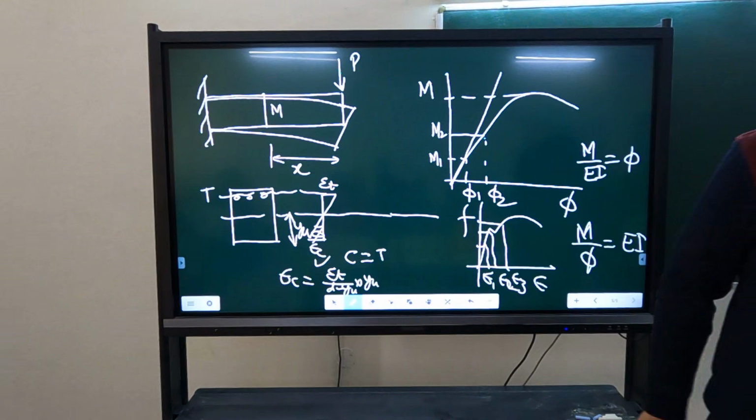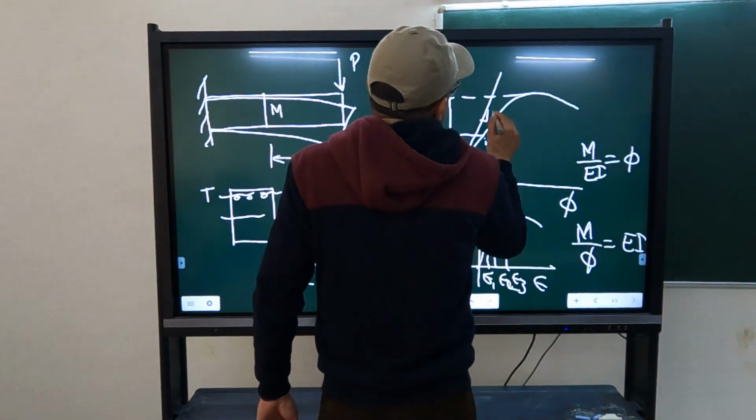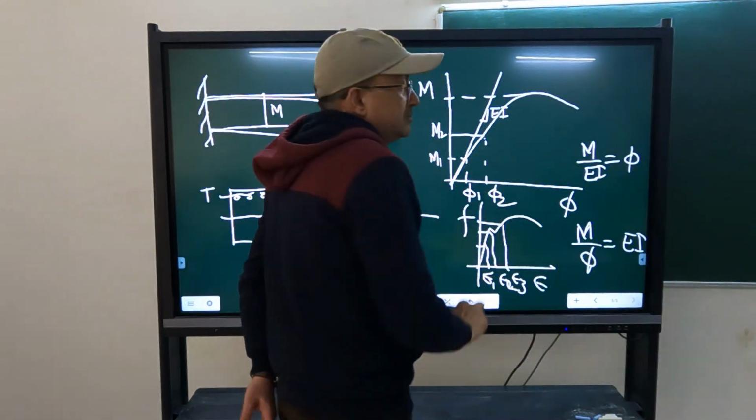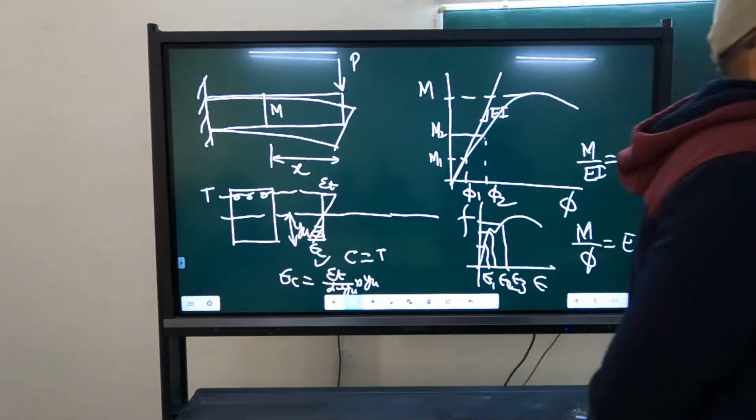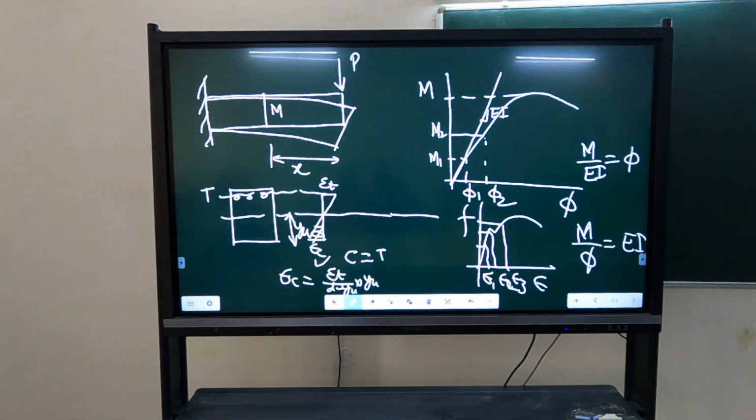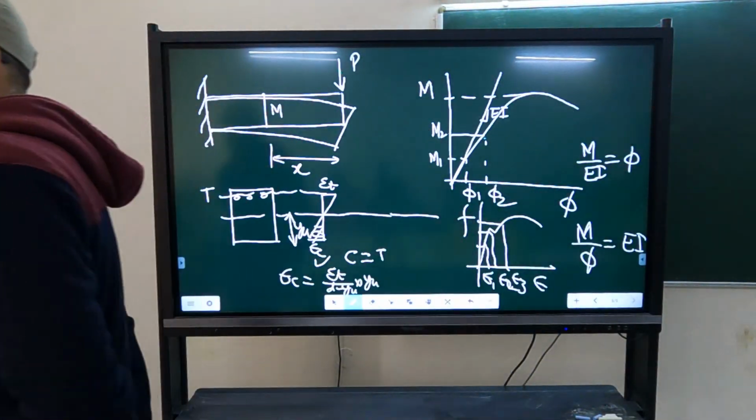EI. So this slope is giving me EI. So the slope of the moment curvature diagram is giving us EI.